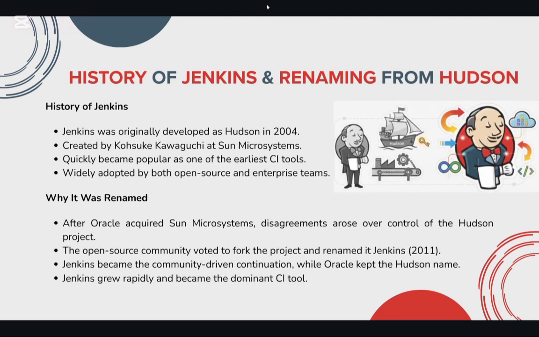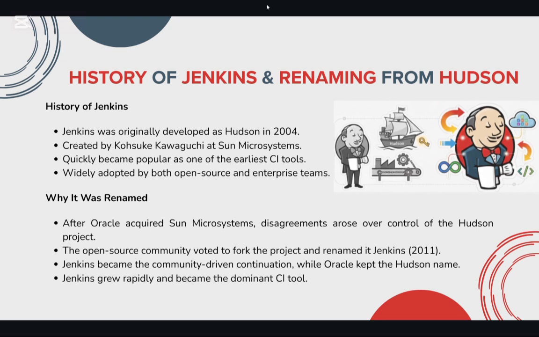Then history of Jenkins and renaming from Hudson. Jenkins has an interesting history. It was originally developed as Hudson in 2004 by Kosuke Kawaguchi at Sun Microsystems. Hudson quickly became popular as an early CI tool, widely adopted in both enterprise and open source projects. However, after Oracle acquired Sun Microsystems, disagreements arose regarding the control and direction of the Hudson project.